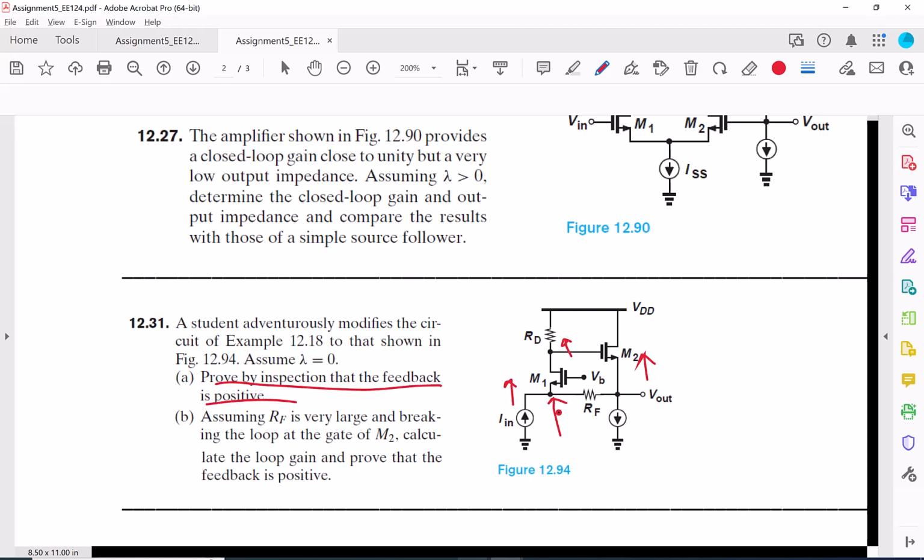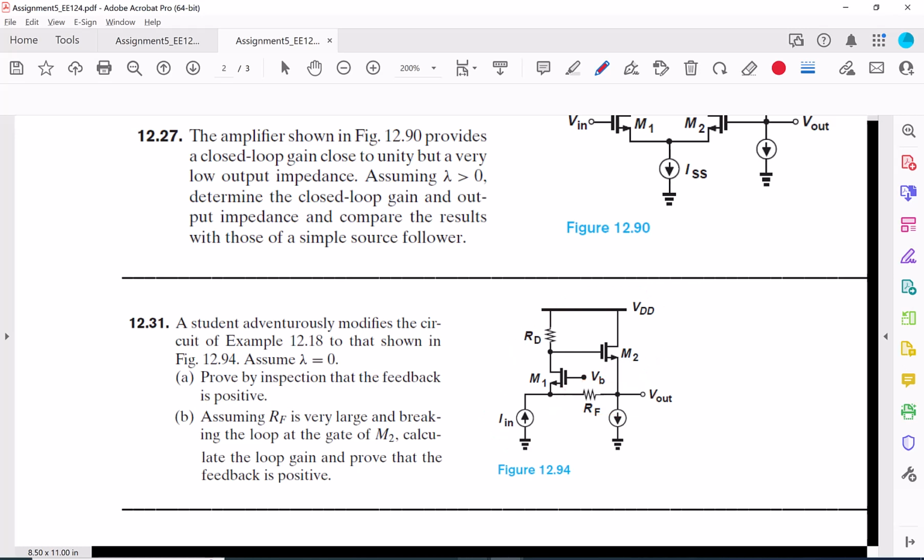Okay. And then we also talk about the loop gain. How do you find the loop gain of a circuit? Do you remember? You need to find the loop, right? But basically, just now when I went through, you already showed me that this part is the feed forward and this part is the feedback, right?